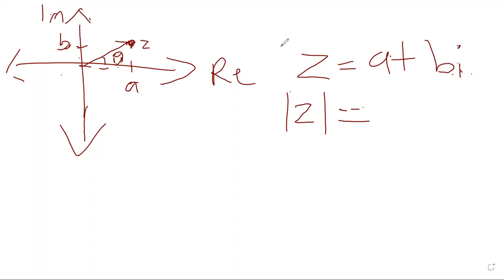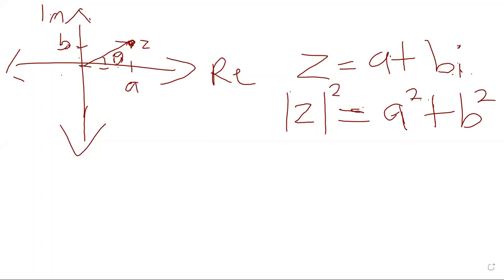If you are using normal trigonometry, or if you look at this as a right angle triangle, you can conclude that the hypotenuse of any right angle triangle squared is equal to the square of the opposite side plus the square of the adjacent side. So we have A squared plus B squared.